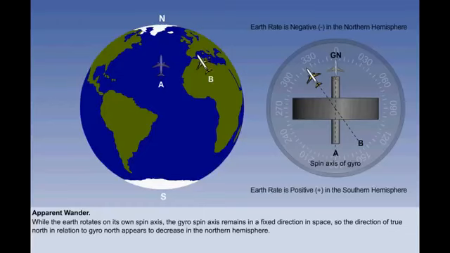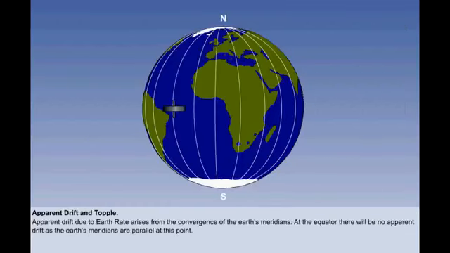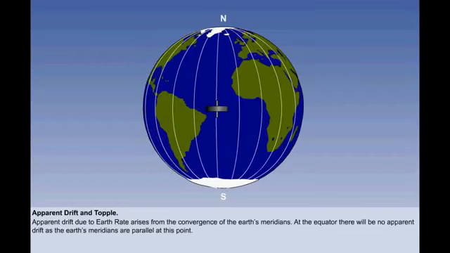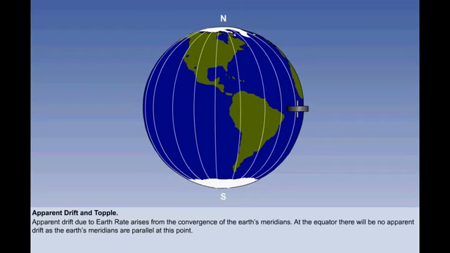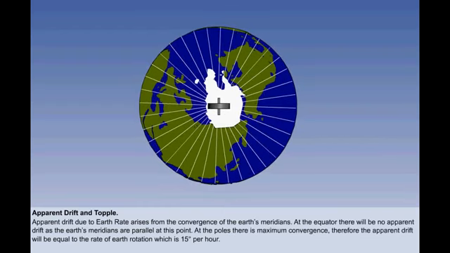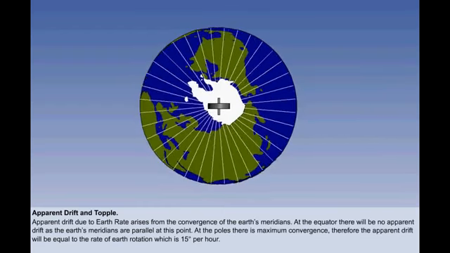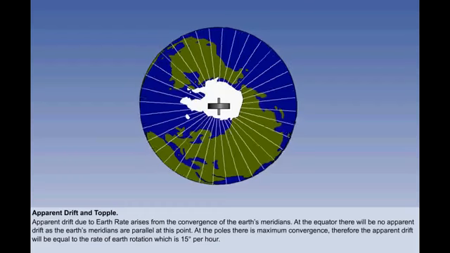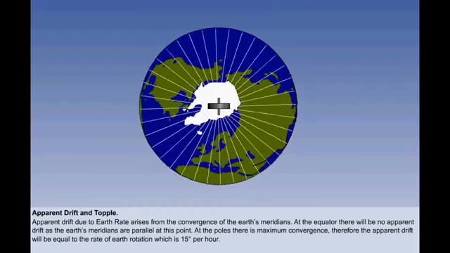In effect, apparent drift due to the Earth rate arises from the convergence of the Earth's meridians. So at the equator, we can see that there will be no apparent drift, as the Earth's meridians are parallel at this point. Whereas at the poles, there is maximum convergence. At the poles, the apparent drift will be equal to the rate of Earth rotation, which is 15 degrees per hour.